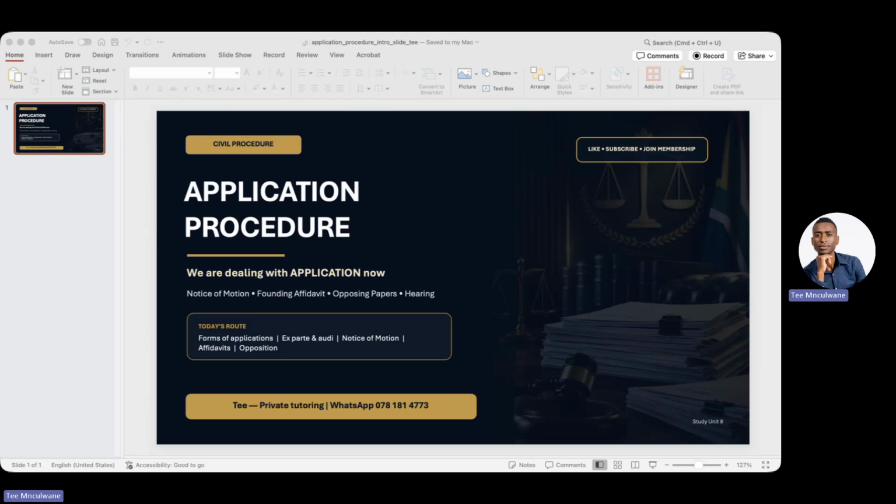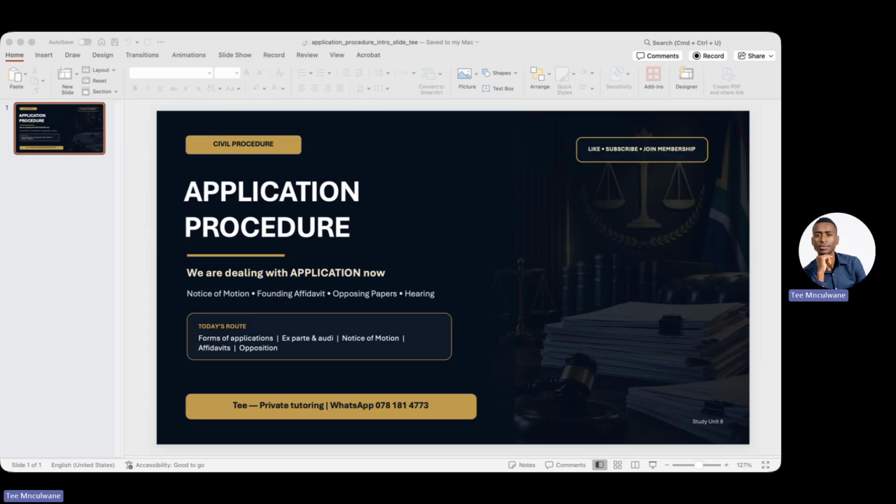So a final recap before I close, let's have just the memory version, right? An application is a paper-based procedure. It is brought by notice of motion supported by a founding affidavit, right? The applicant seeks an order. The respondent may oppose by delivering a notice of intention to oppose.